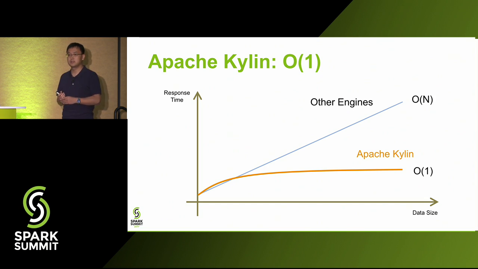Their time complexity is some sort of O(N). The O(1) time complexity means it can provide a consistent user experience as your data and your business grows. And the more data you have, and the more frequently you analyze the data, the more benefit you can get from Kylin.